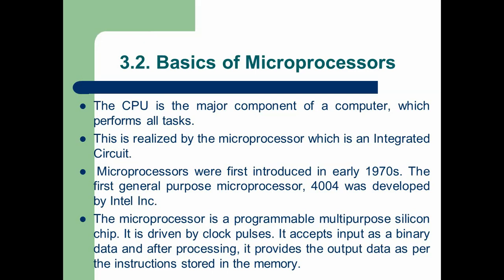So the microprocessor is a silicon chip in which integrated circuits are integrated on a very large scale, that is VLSI, very large scale integration, which we discussed in the generations of computers. After the invention of the microprocessor, the computer's processing speed increased at a very fast rate, and many advantages were added to the computer.